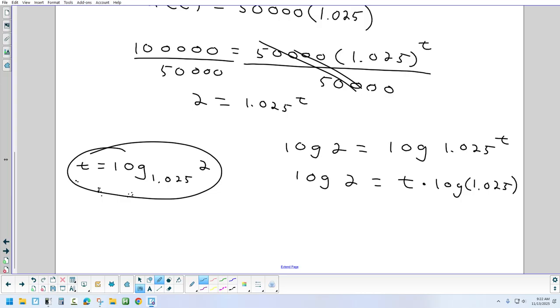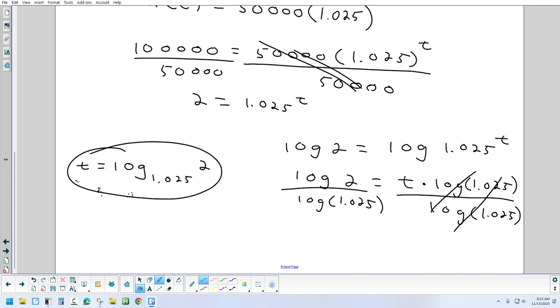Now, how could I get t by itself? Yeah? Divide by log of 1.025. So what we've just done is we've solved for t again.